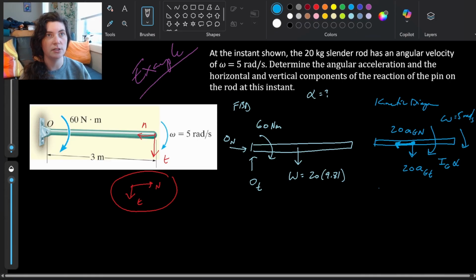So IG is 1/12 ml squared, or 1/12 times 20 times, it has a length of 3 meters squared, and that gives me, I think, 15.